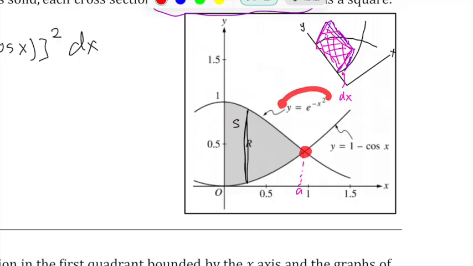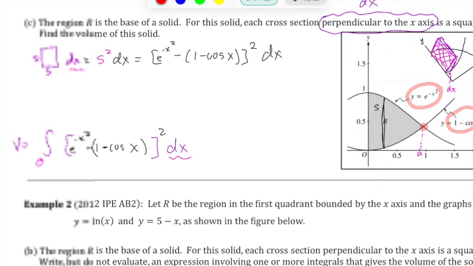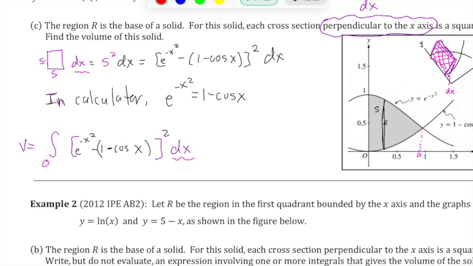Basically, this intersection point is where these two functions are equal. And if you type this into your calculator, you could type this in as y1, type this in as y2, and then find the intersection on the graph. And you're going to get that that is about 0.9419. And so that is our limit of integration.